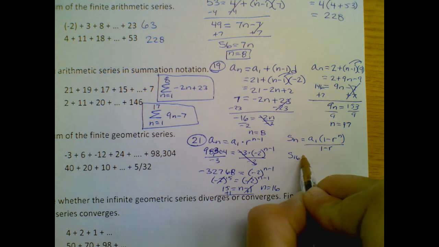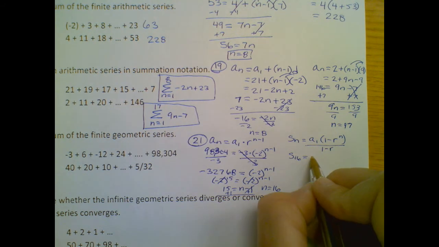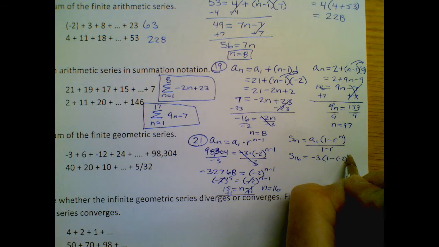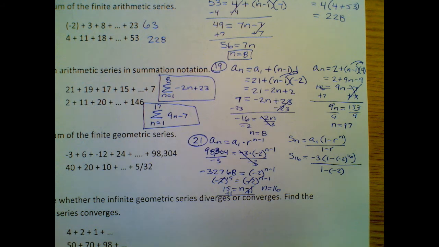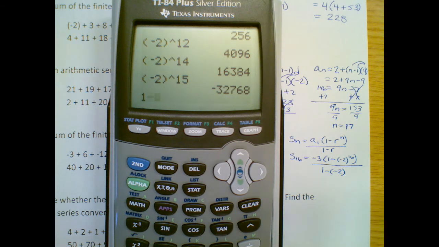So we're going to have S sub 16 equals. Our first term, again, is negative 3. Our common ratio, we're multiplying by negative 2. And then there's 16 total terms. Okay, now I would not type this into my calculator all in one step. I'm going to just do the parentheses first. So 1 minus my negative 2 to the 16th power.